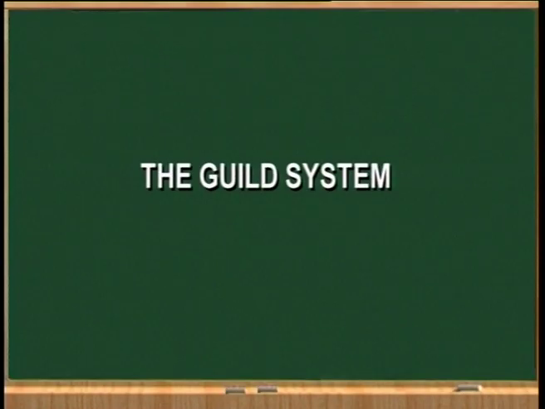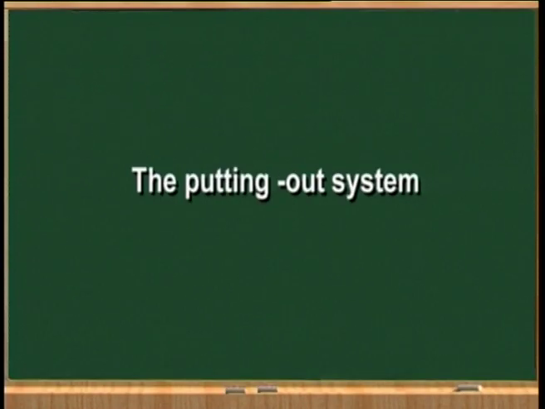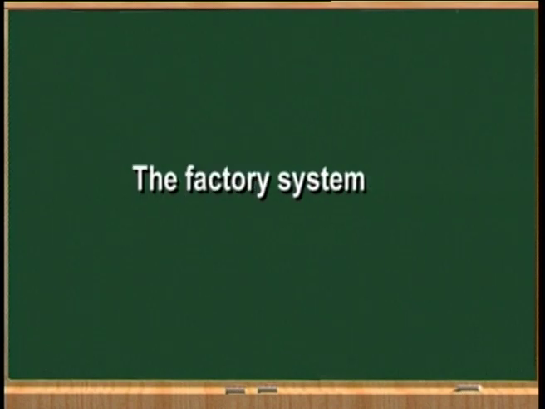The guild system, the putting out system and the factory system each similarly specify the terms under which individuals may enter the productive process and the rights to a share in its results. As a result, there are certain types of formal social relationships peculiar to each system.